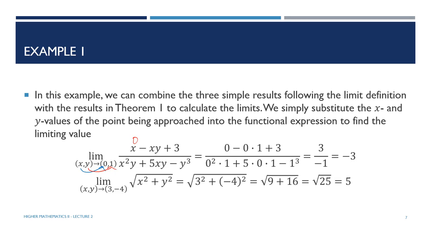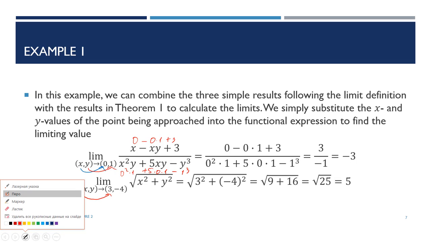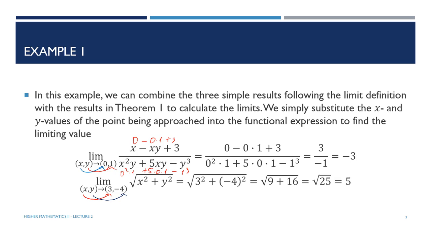So all zeros instead of x's: 0 minus 0 times 1 plus 3, and 0 squared times 1 plus 5 times 0 times 1 minus. The second one also says write 3 instead of x, and negative 4 instead of y. So 3 squared plus negative 4 squared. Calculate this expression and get the number 5.